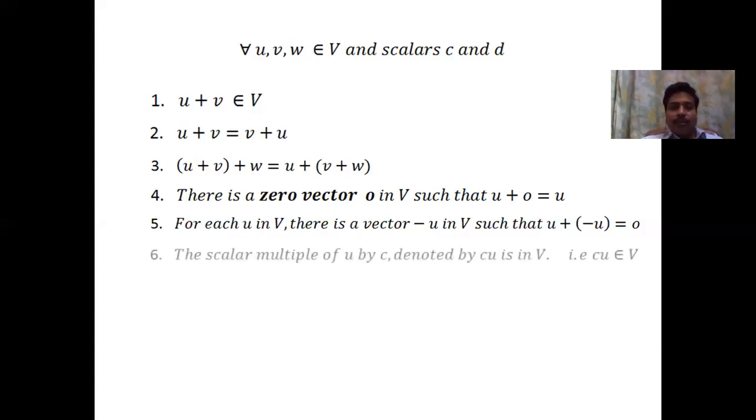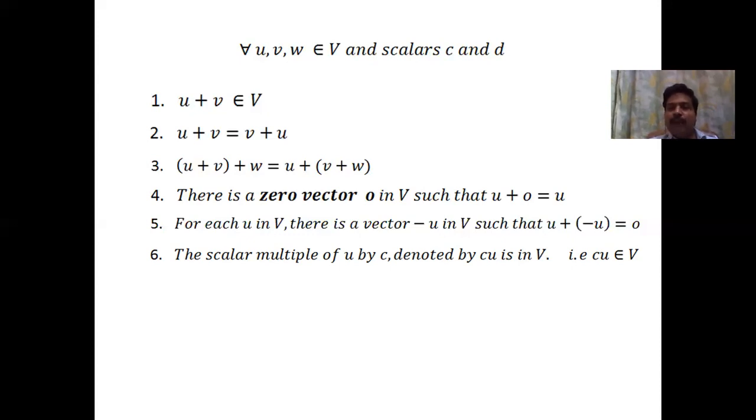Now let us introduce scalar multiplication. Let C be a scalar. Unless specified, C is a real number. The scalar multiple of U by C is denoted by CU.